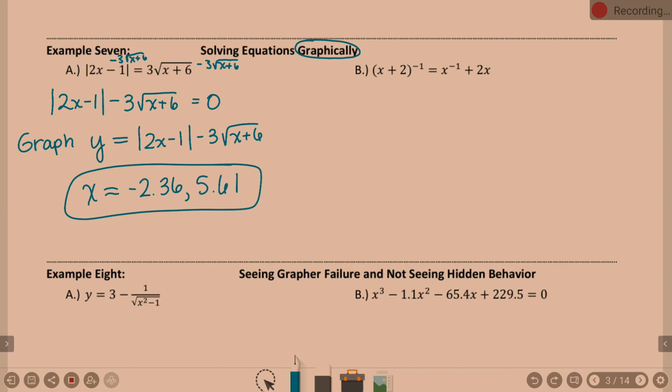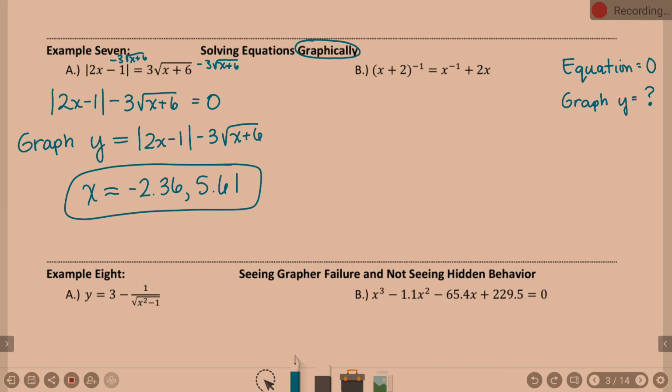As a reminder, what did we do? We made our equation equal 0. And then after we made our equation equal 0, we graphed y equals whatever we got.